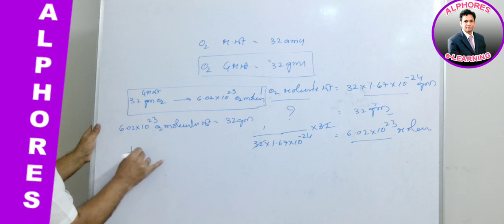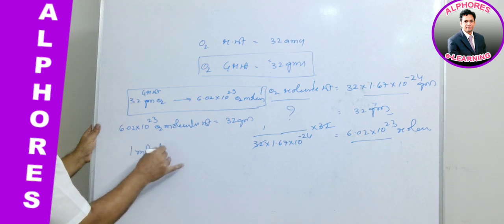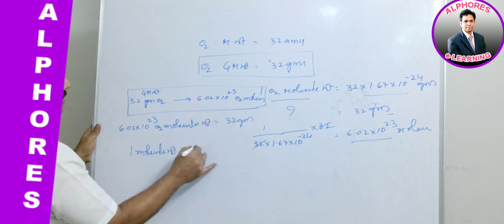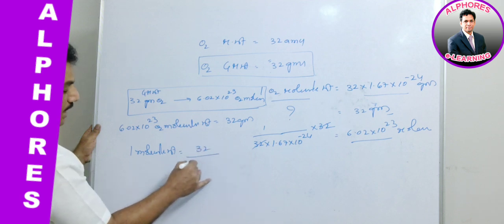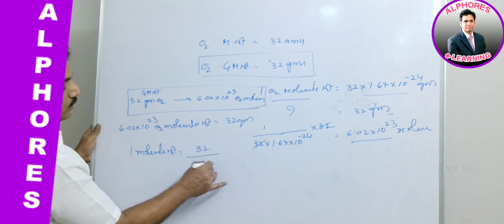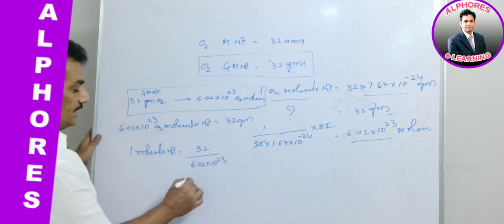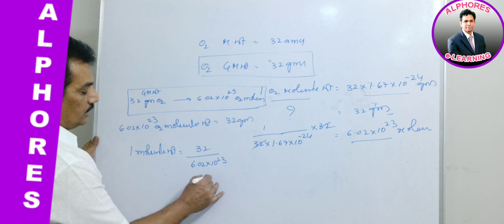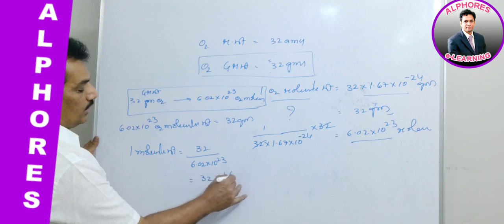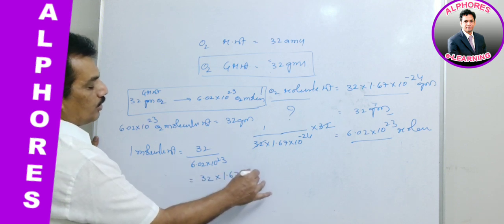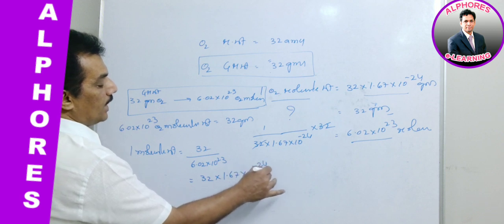Then one molecule weight is equal to 32 by 6.02 into 10 to the power of 23. Again what we are getting here is 32 into 1.67 into 10 to the power of minus 24 grams.